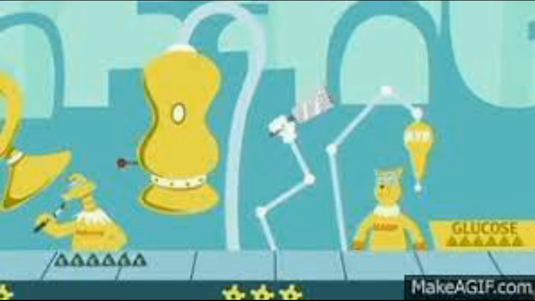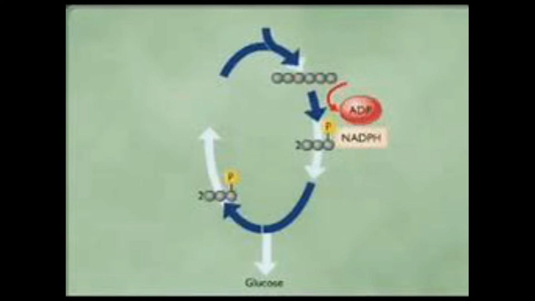The second step of the Calvin cycle is reduction. These are a series of reactions that lead to the formation of glucose. The steps involve utilization of 2 molecules of ATP for phosphorylation and 2 of NADPH for reduction per carbon dioxide molecule fixed.